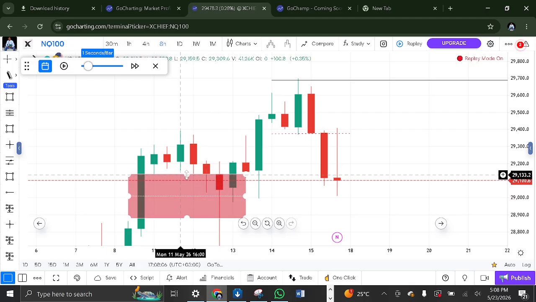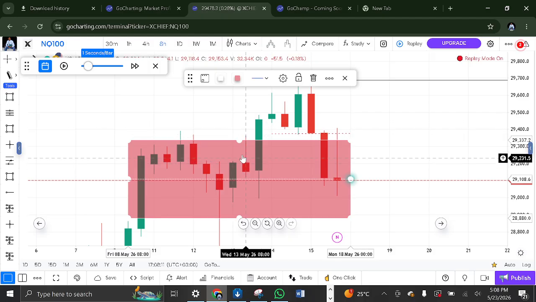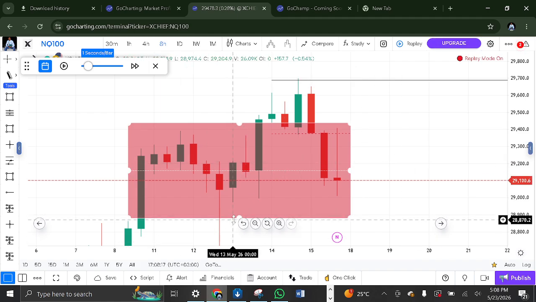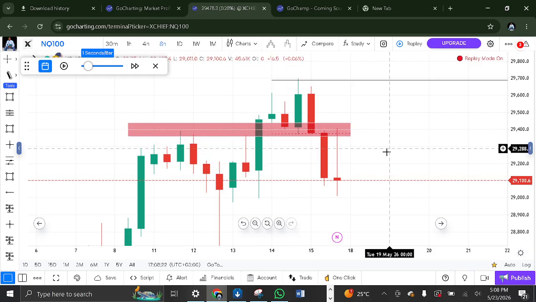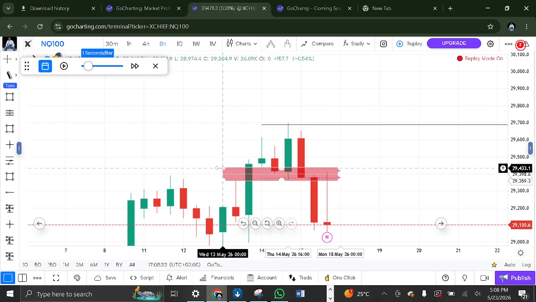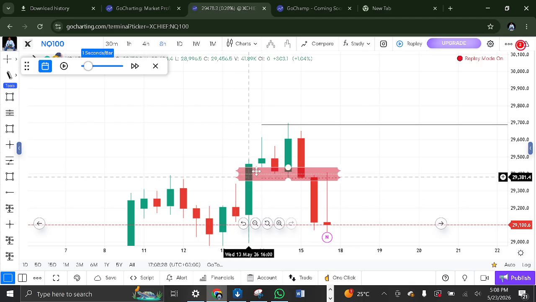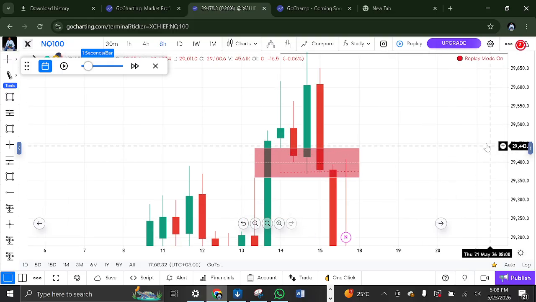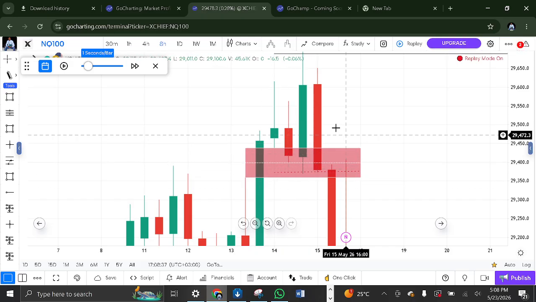Now, since we have created another fair value gap, which is lying over here, this fair value gap should actually be doing its job now, because the other one has already done its job. This is the newest fair value gap, and its job is maybe for the market to trade into it, and we can see that was nicely respected because this candle respected the 50% level of this 8 hour time frame.